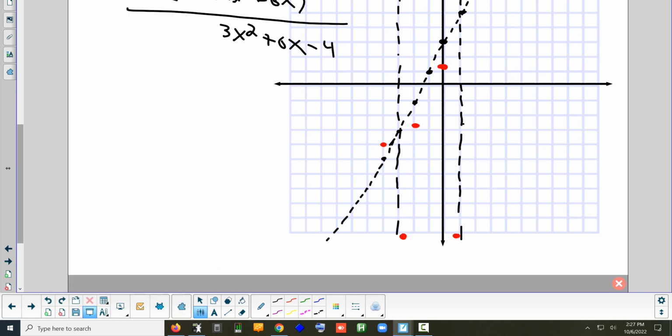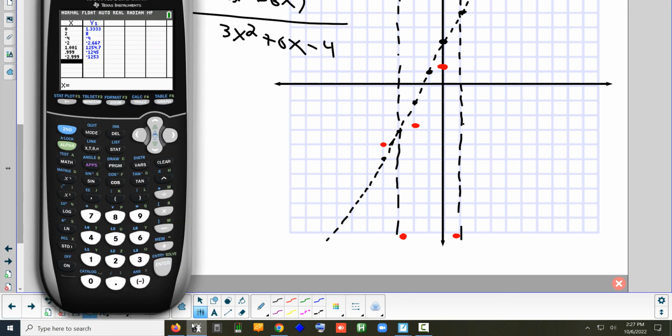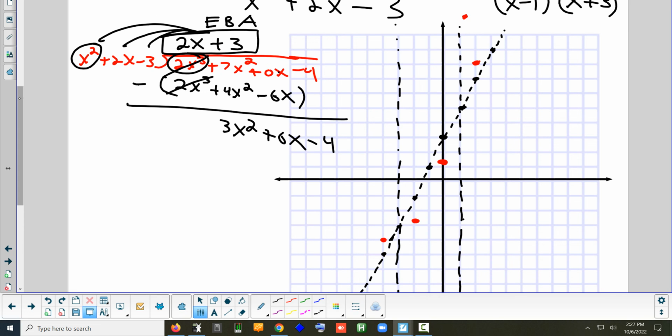So we are way down there. And what about a value that's just a little bit smaller than -3? -3.001. We're up at 1,246, way up. Okay, way up here.